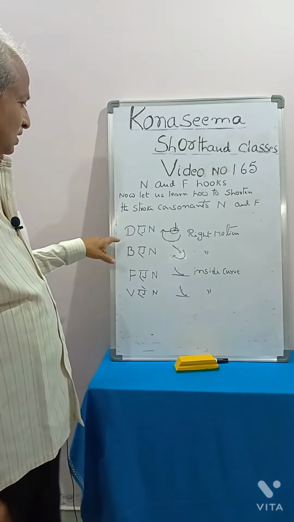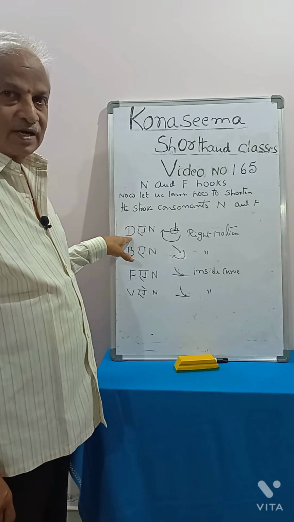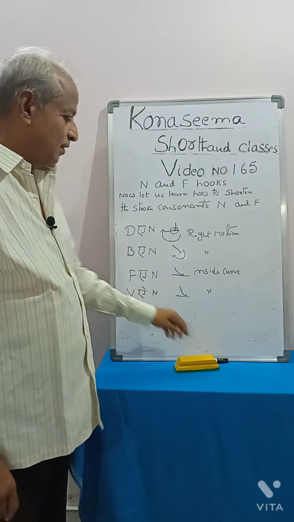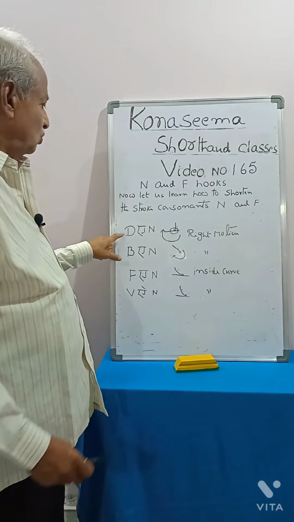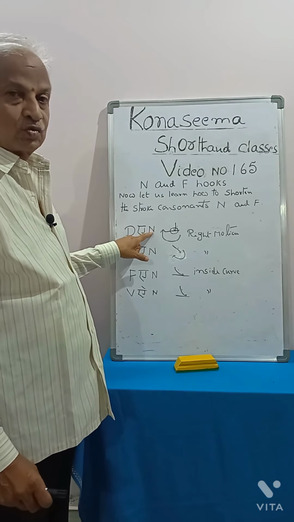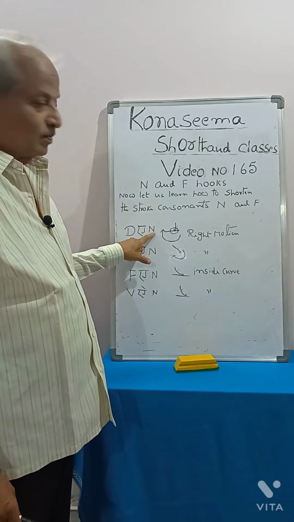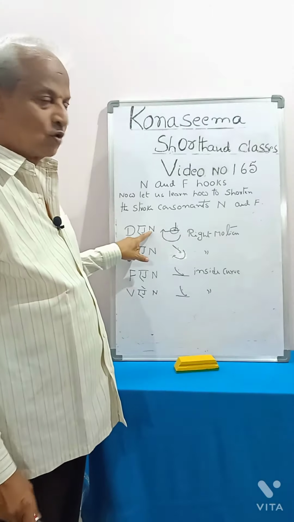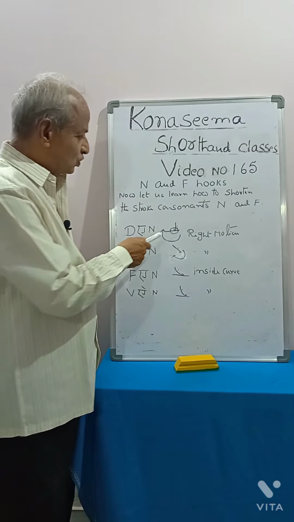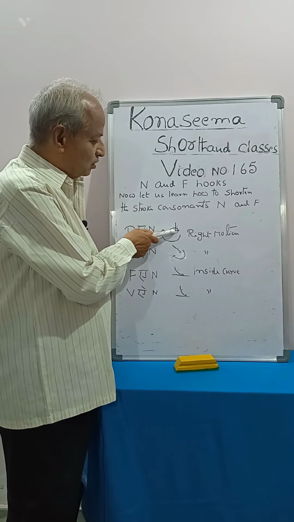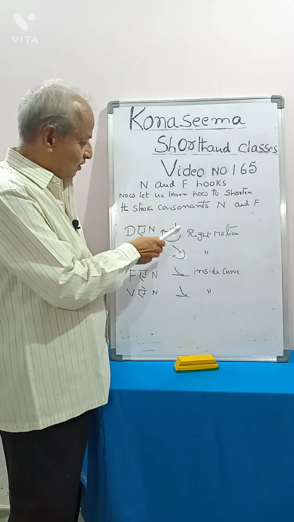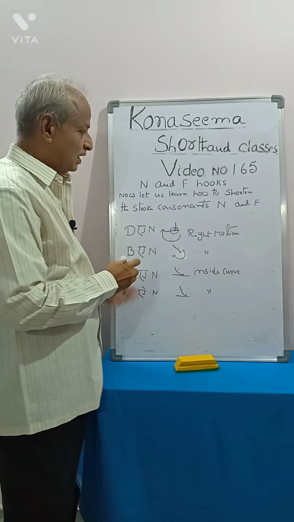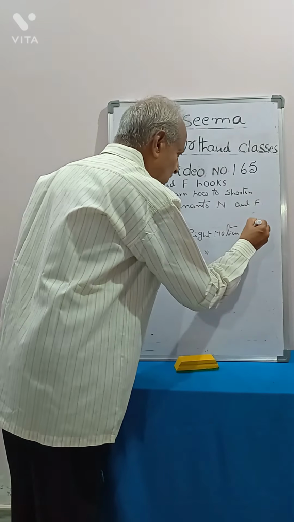You see, done, the word done. Actually, we have to write both the strokes D and N stroke. But now, instead of writing the stroke consonant N, we can indicate a final hook to the straight stroke with right motion, like this, right motion.